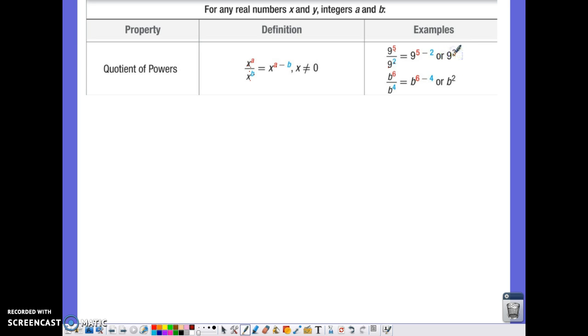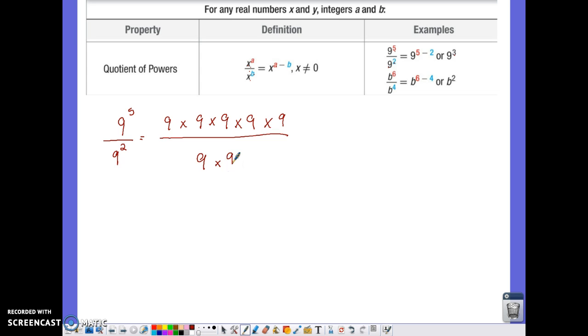Again, let's prove it. 9 to the 5th over 9 squared is equal to 9 times 9 times 9 times 9 times 9, 5 times, divided by 9 squared, which is simply 9 times 9.